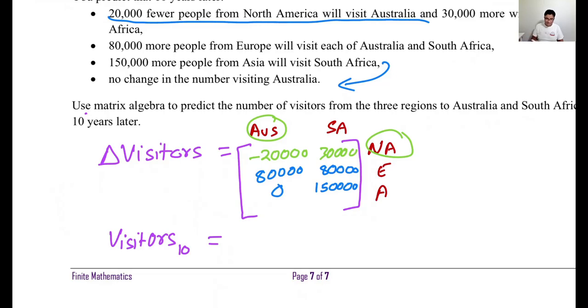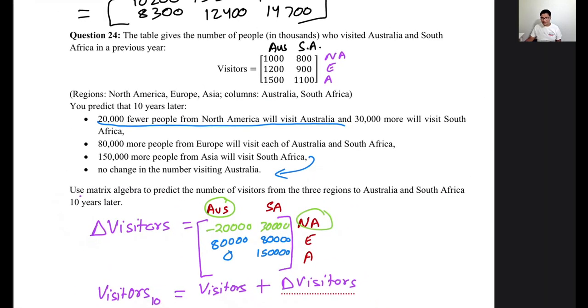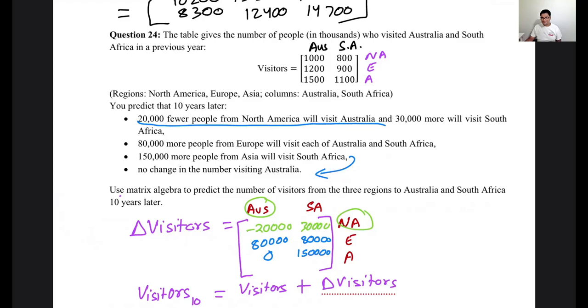So the number of visitors 10 years later would be your current visitors matrix plus the change in the number of visitors matrix, right? So when you add these two matrices, it will reflect from the current what will happen in the future. Okay, and please do that operation from those two matrices. You can see them here and then check your answer with me.